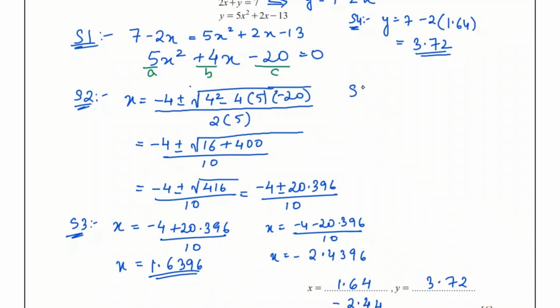Then step 5, y equals 7 minus 2 into -2.44. So here we get 2 into 2.44 plus 7, that is 11.88.